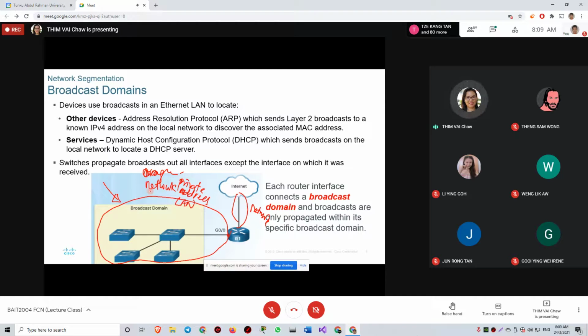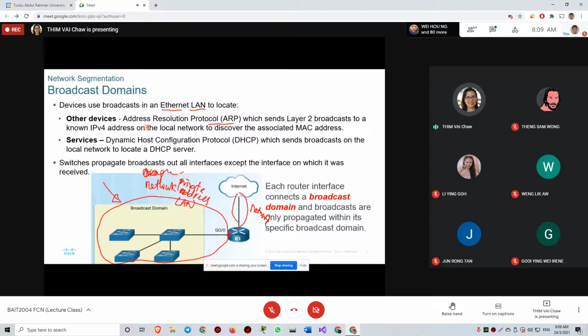So if you recall back your local area network, under the Ethernet chapter, chapter number 5, you learned about the Address Resolution Protocol.